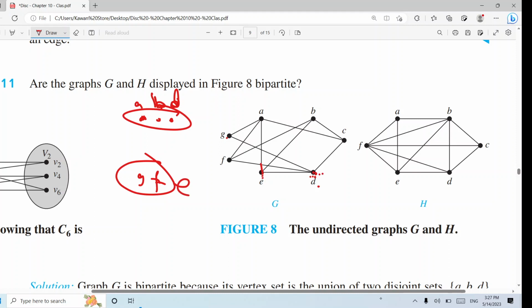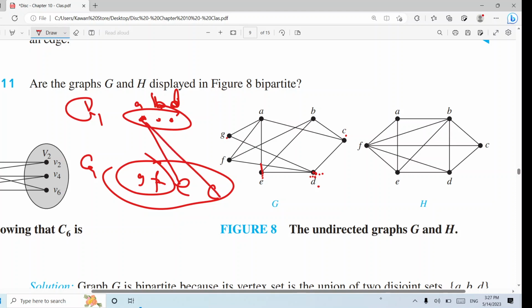D, of course, no. C. Let me check C. C, yes. Understood? So we can make group 1, group 2. A, can we connect to E, C, G, F? How about B? B can connect with C.